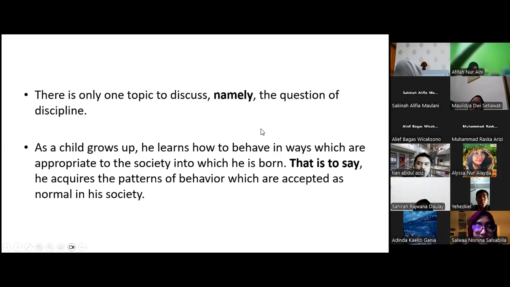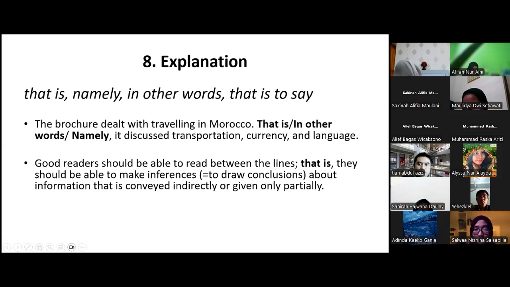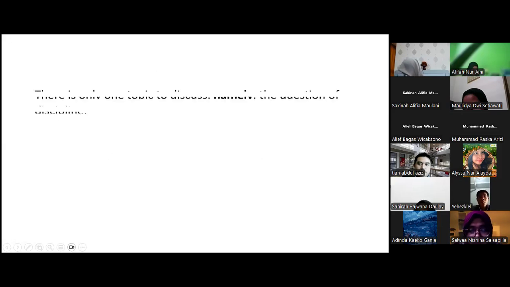Okay, look at the difference about namely, that is to say, that is, in other words, namely, that is.